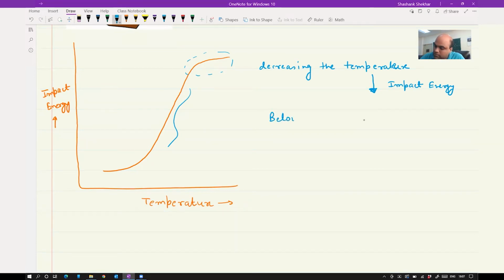So below a certain T, the mode of failure or fracture is brittle.